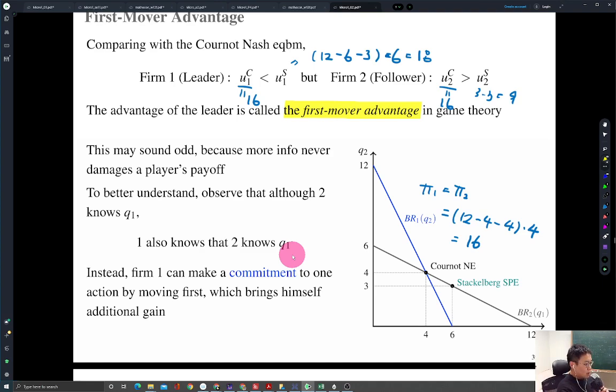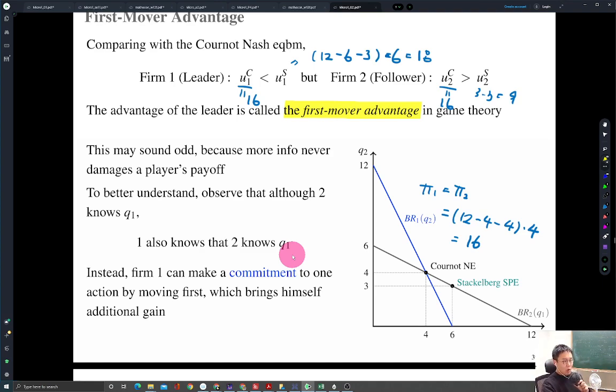Okay, so it looks like firm 2 has additional information in the Stackelberg game about firm 1's choice. That information is no longer private information. And in game theory and in economics, for information to have some value, for information to be valuable, it should be private information.